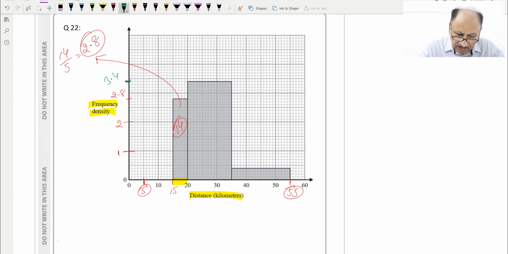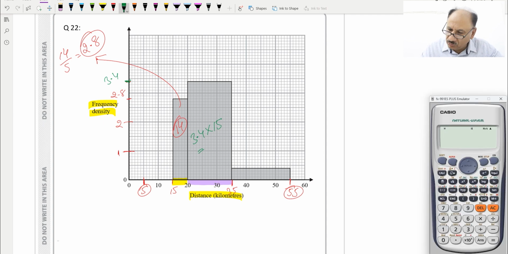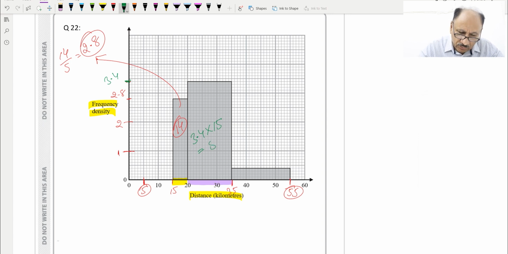So we can calculate this will be 3.4 into class width, and class width we can take from 20 to 35. So 20 to 35 will be 15. So we can multiply 3.4 by 15, and we will get this frequency also. 3.4 into 15 is giving us 51. So these are 51 people.